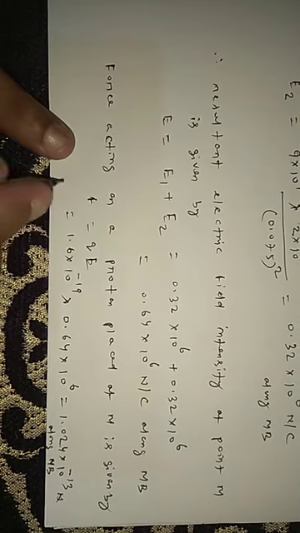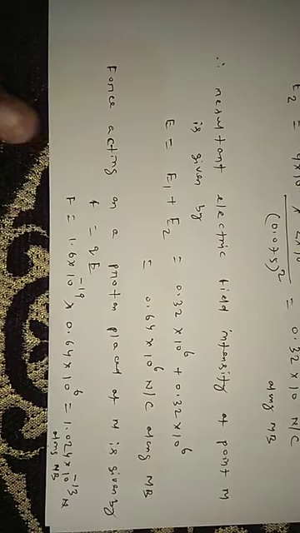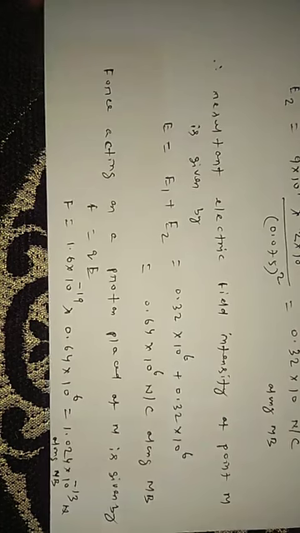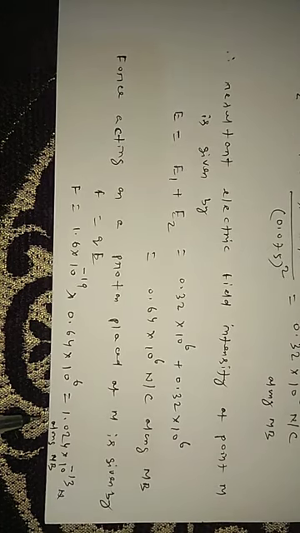So if a proton is placed at point M, then the force acting on the proton is 1.024 into 10 to the power minus 13 Newton. This is the answer. Okay.